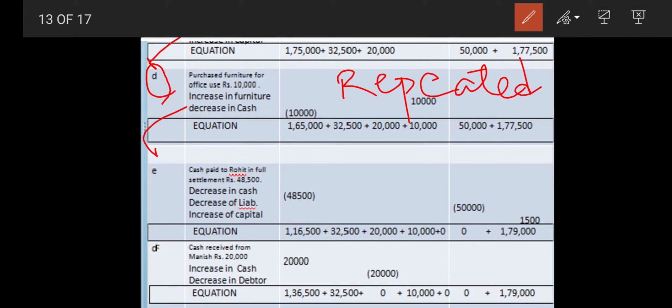So here it is implied 50,000 I have to pay. I am paying 48,500, so I am receiving a discount of rupees 1,500. That is termed as increase of my capital because it is an income.